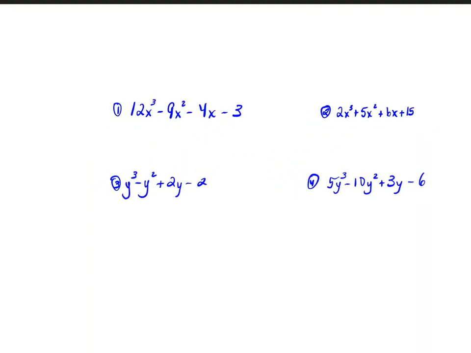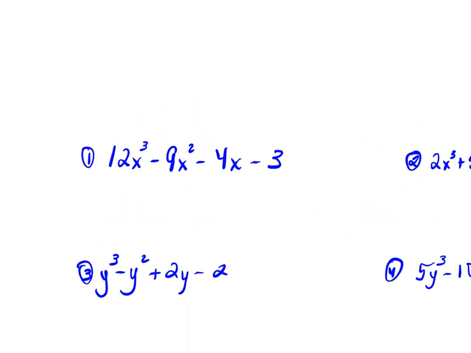For our last set of examples, we're going to be factoring by grouping. Are they the same? No, they're not. For 1, we have 12x cubed minus 9x squared minus 4x minus 3. So we're going to factor out a 3x squared from the first and a negative 1 from the second set of parentheses.